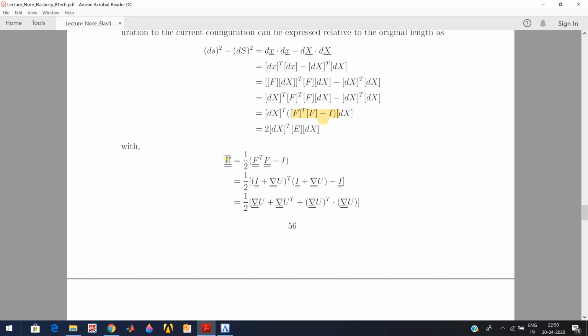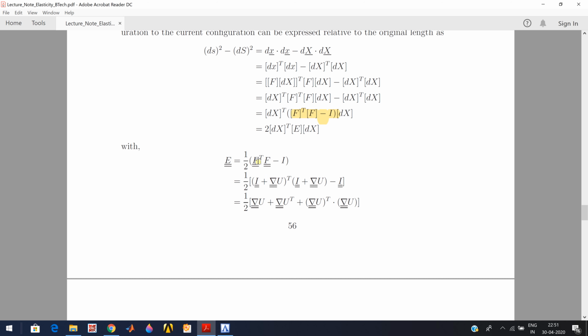is a symmetric matrix, a symmetric tensor, because F transpose F is always symmetric irrespective of what F is. And then F is denoted as I plus the gradient of U, the displacement gradient.